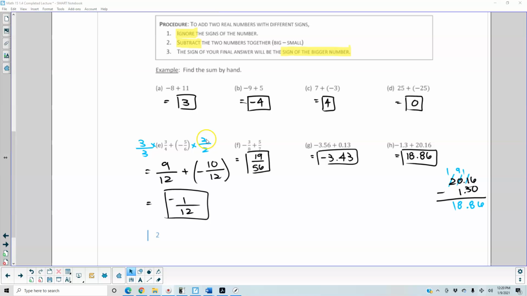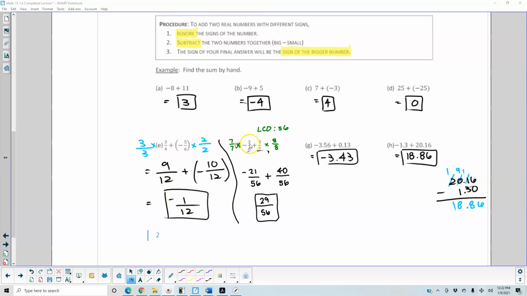Plus, over here, we need to multiply the numerator and denominator by 2. So 5 times 2 is 10, 6 times 2 is 12, so that's -10/12. Now that we have a common denominator, we can subtract. The bigger fraction is 10/12, and we subtract 9/12 to get 1/12. Since this is the bigger fraction, we take its sign, so the answer is -1/12.